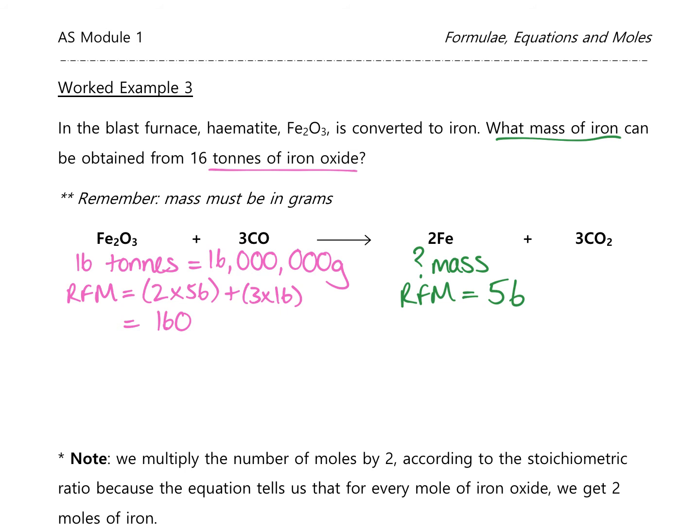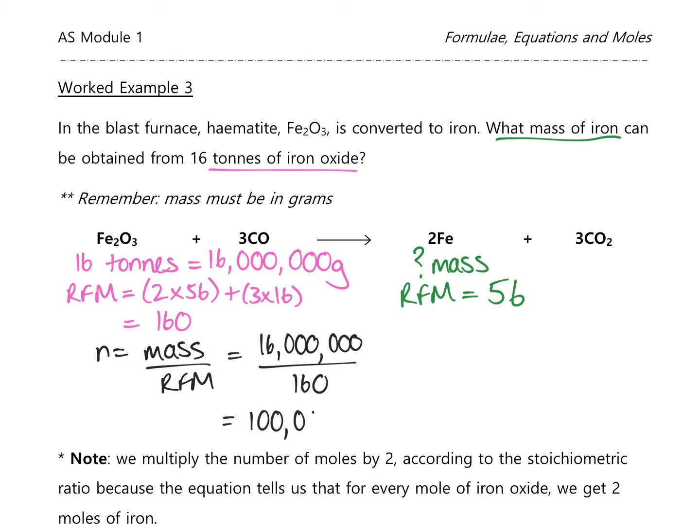Okay, so when we use our moles equation, we must have the mass in grams. Okay, so at this stage, we're ready to do N equals mass over RFM. That's going to be 16 million over our RFM of 160. And that should come out as 100,000 moles.